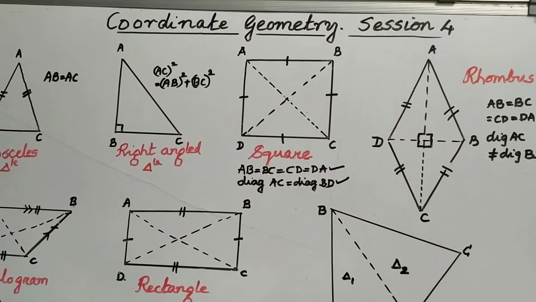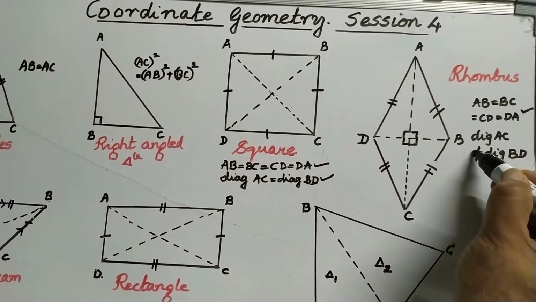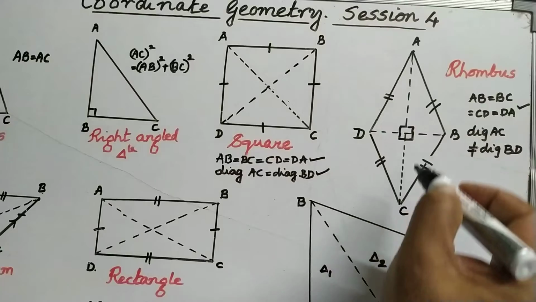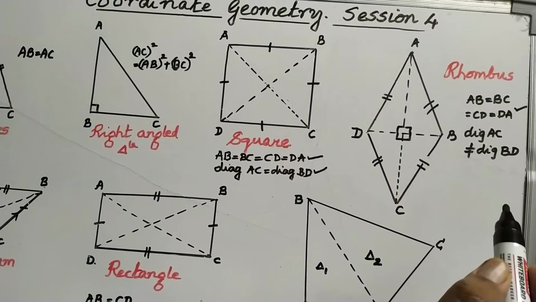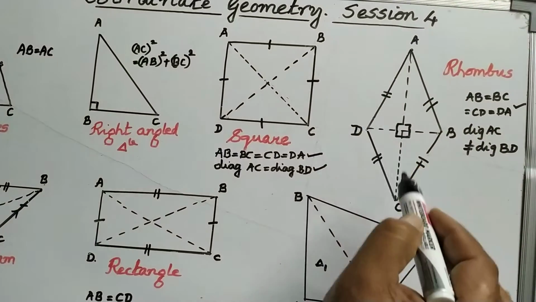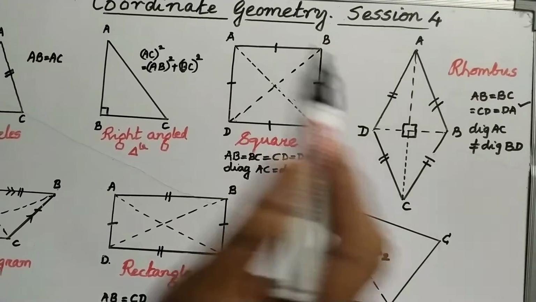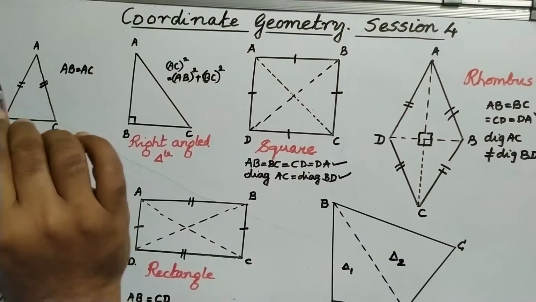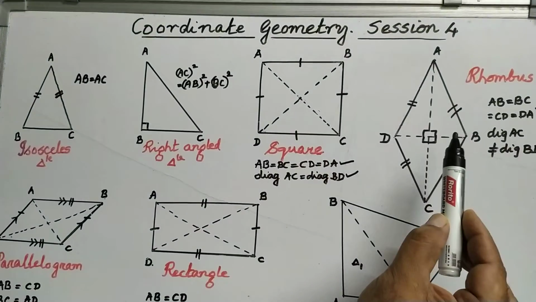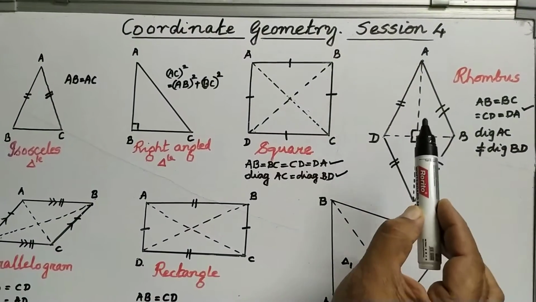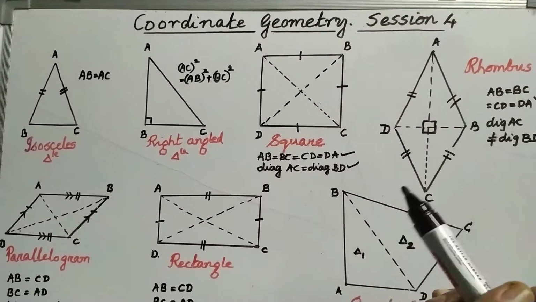If the four sides are equal and if the diagonals are unequal, the diagonal AC and the diagonal BD are not equal to each other, then the four vertices given form the vertices of a rhombus. In all these four cases, isosceles triangle, right-angled triangle, square and rhombus, what formula are you using to find the sides? You will be using the distance formula.